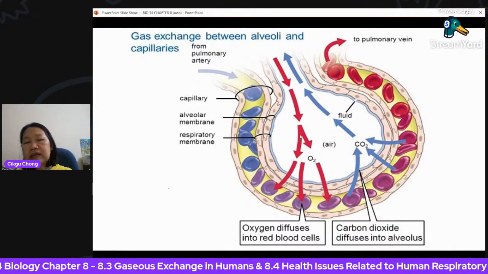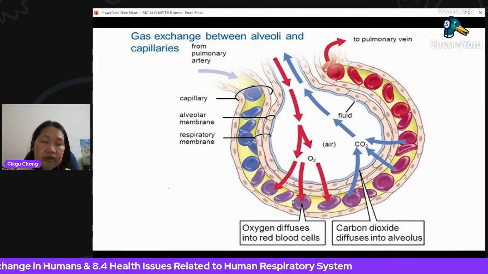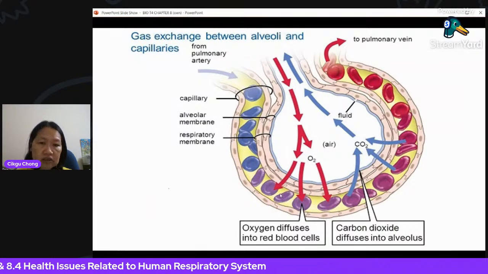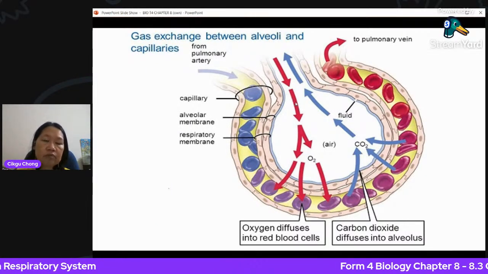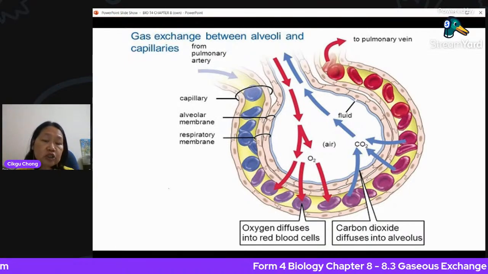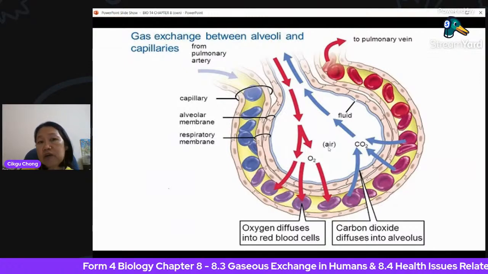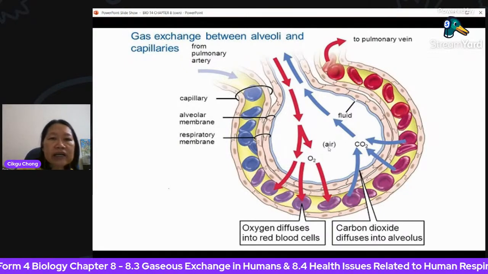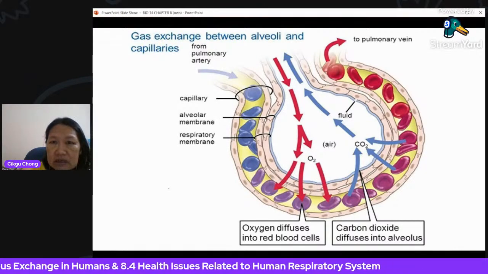You cannot say your answer is because there is no oxygen in the blood capillary. That's not true, actually. There is oxygen in the blood capillary. But why doesn't the oxygen from the blood capillary diffuse into the alveolus? Why is it the other way around?